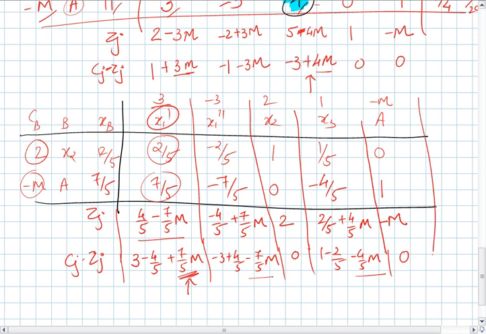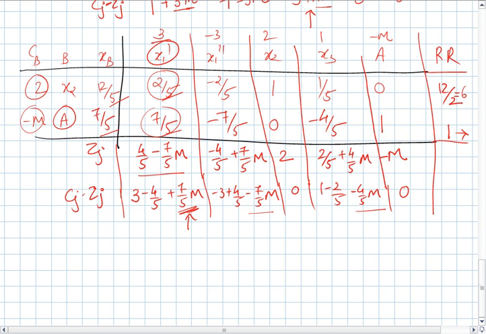Now which variable will leave the basis? For that you have to find the replacement ratio. So divide 12 by 5 by 2 by 5, so 12 by 2, and 7 by 5 by 7 by 5, so 1. 12 by 2 is 6 and the other is 1, so 1 is smaller than 6. So your A will leave the basis. From now on we will not calculate anything for A.